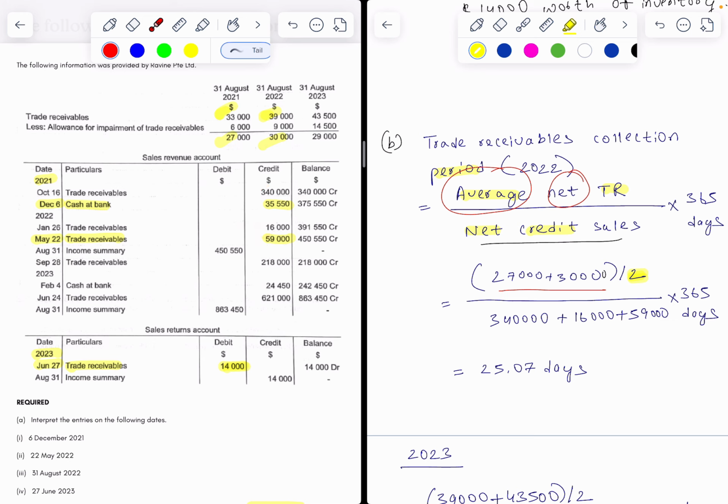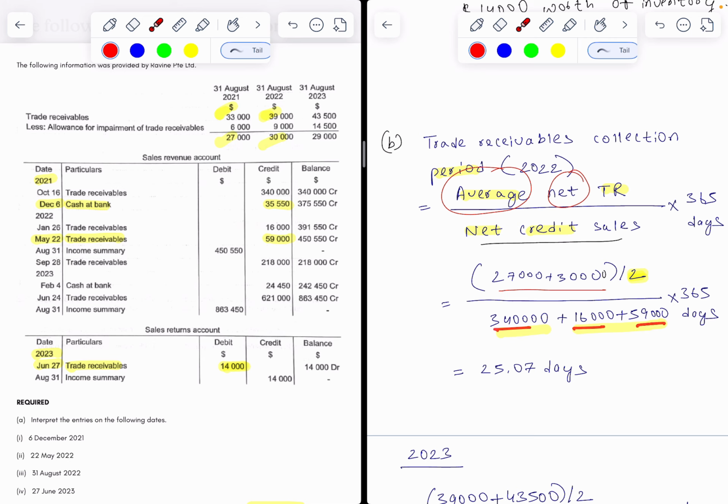We are looking for everything until the end of 31st of August 2022 because the business we are working with has a financial year that ends on 31st of August 2022. So up until that point, we have got 3 transactions that were done on credit: 340K, 16K, and 15K. So we're adding these 3 together.